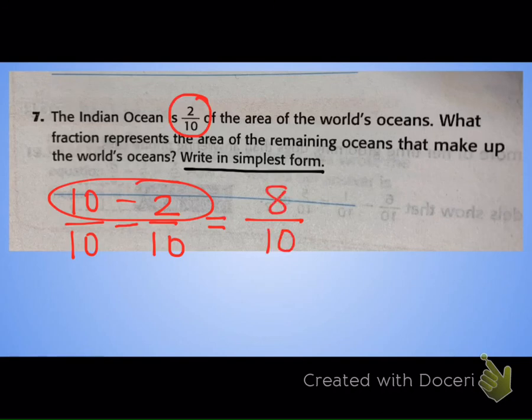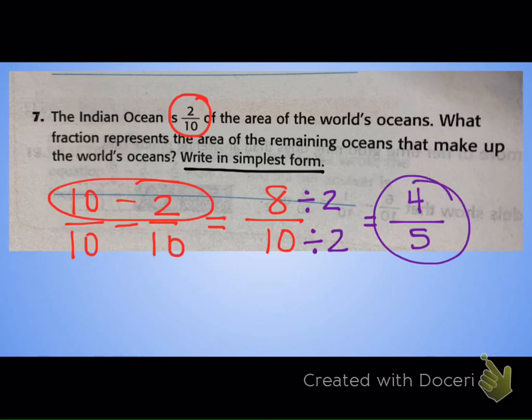And it's out of 10 pieces, 8/10. This 8/10 can be simplified, can't it? What goes into both 8 and 10 as a factor? That is 2. They're both even numbers, aren't they? Whenever we have two even numbers, we know 2 is going to go in at a minimum. 8 divided by 2 is 4. 10 divided by 2 is 5. So we can say 4/5 are the rest of the ocean.